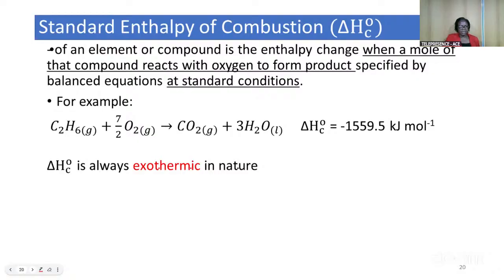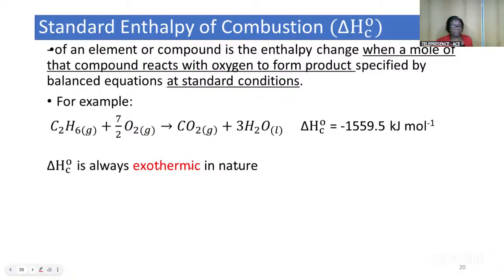So you see that the standard enthalpy of combustion of an element or compound is the enthalpy change when 1 mole of that compound reacts with oxygen to form products specified by balanced equations at standard conditions.